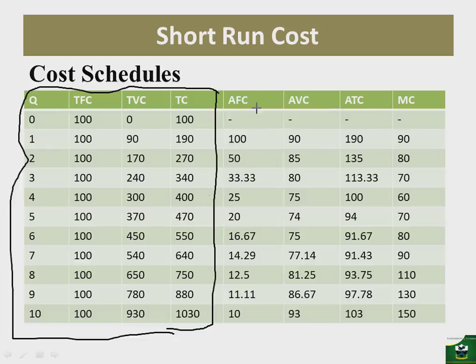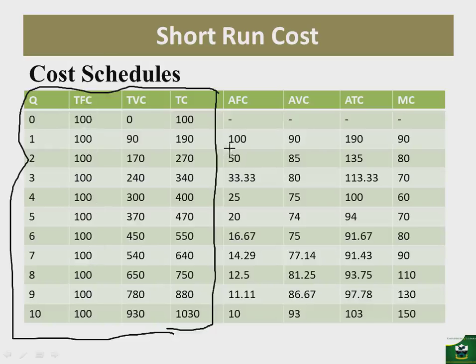So with this, we can look at the average fixed cost first. When the firm has produced 0 units, the firm will incur 100 kwacha, which is the total fixed cost. Because total fixed cost has to be incurred regardless of whether the firm has produced or not, and because it is fixed, throughout the production process total fixed cost will be constant at 100.